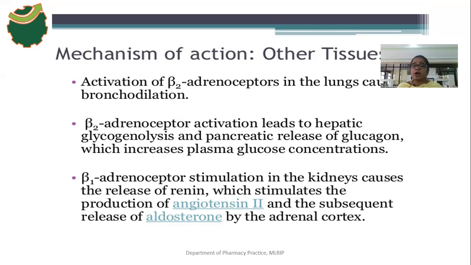It stimulates the reabsorption of more water and sodium ions. Then the blood volume increases, and the blood pressure also increases. So upon the activation of beta 1 receptors, there is activation of the RAS system. What is the RAS system? That is the renin, angiotensin, aldosterone system.